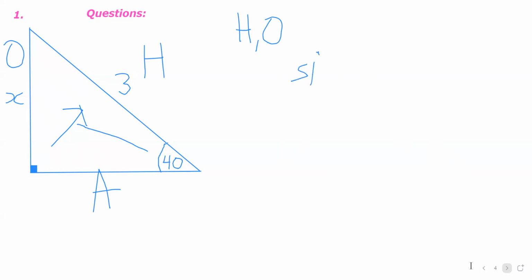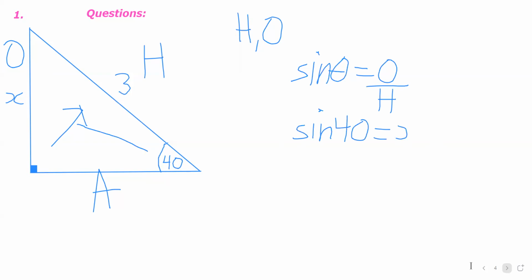So sine theta is opposite over hypotenuse, and we just plug in the values. Theta is the angle, and the angle here is 40. The opposite side, x, we don't know, and the hypotenuse they gave us as 3.